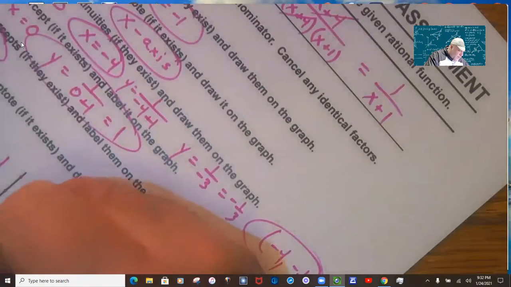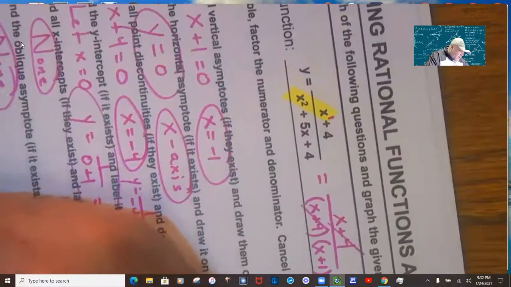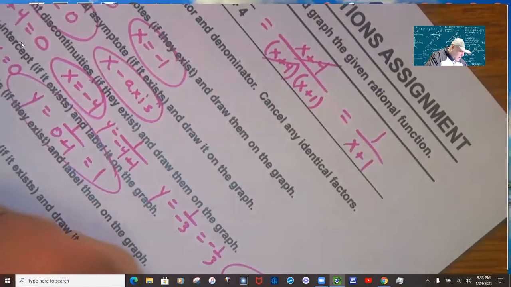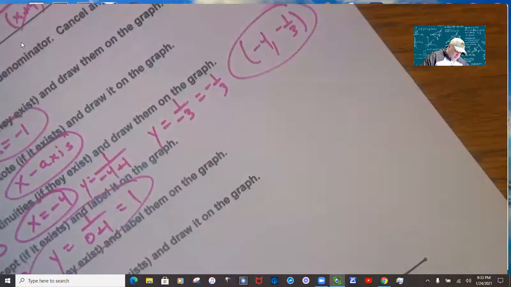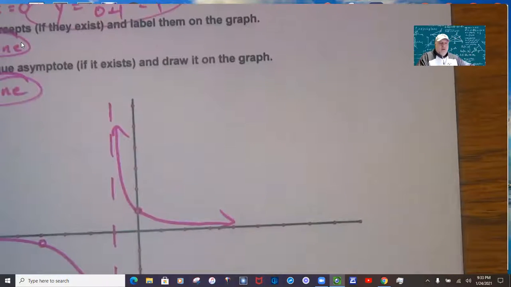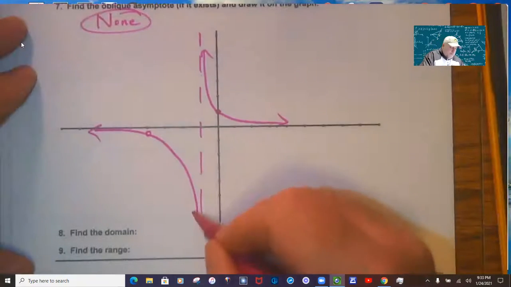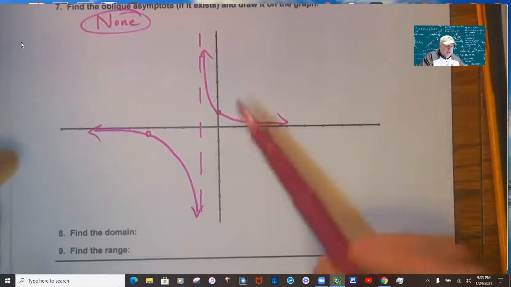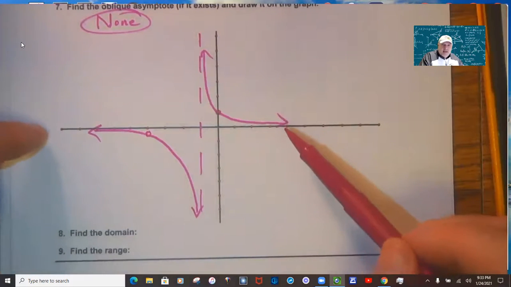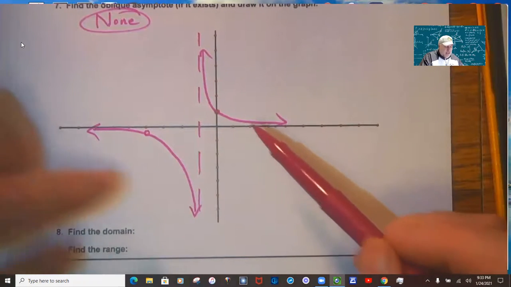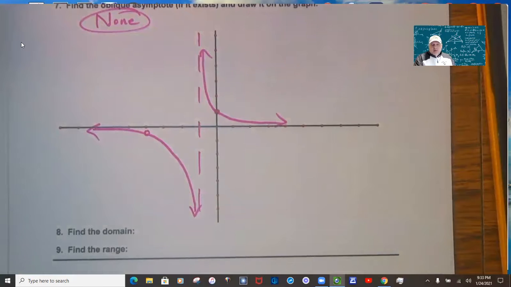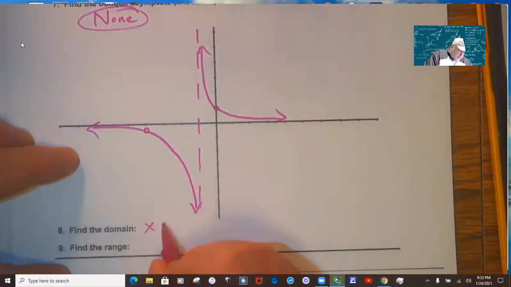So here's what this graph is going to look like. Again, if you need to look at this on your graph, or do it. But one thing is for sure, it has to be getting close to the x-axis, because that's a horizontal asymptote, and it has to be getting close to -1 vertically. Has to. Okay, and then the domain and range.